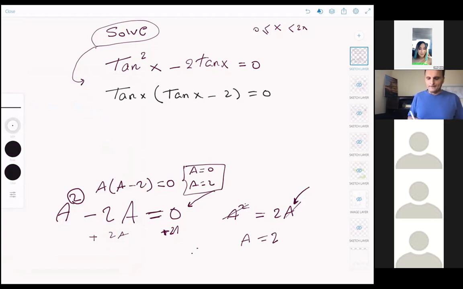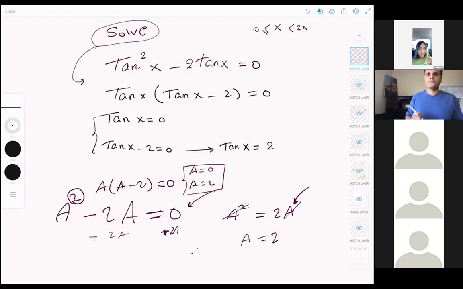So one of them is tangent of x equal to 0. Another parenthesis is tangent of x minus 2 equal to 0, which is tangent x equal to 2. So now let's go back to this one.